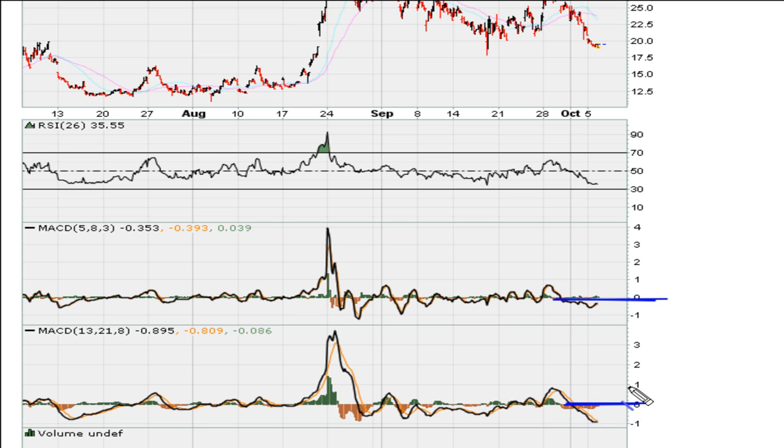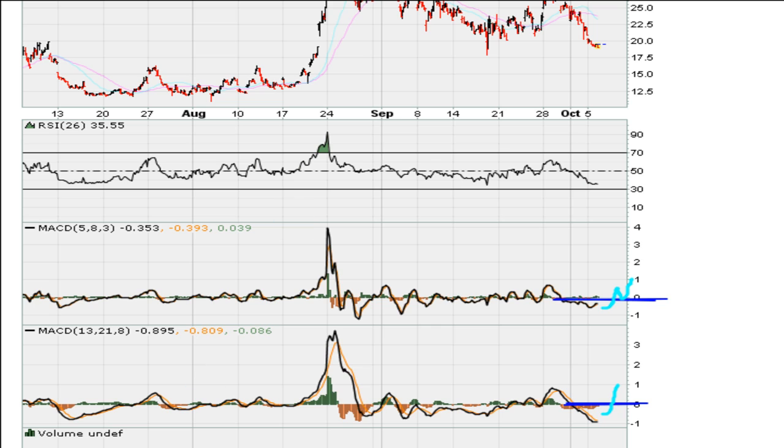So from a timing perspective, just right there, you have to avoid the idea right here, because you'd rather wait for both MACDs to move back above the zero line or hold above the zero line before true momentum can be seen.